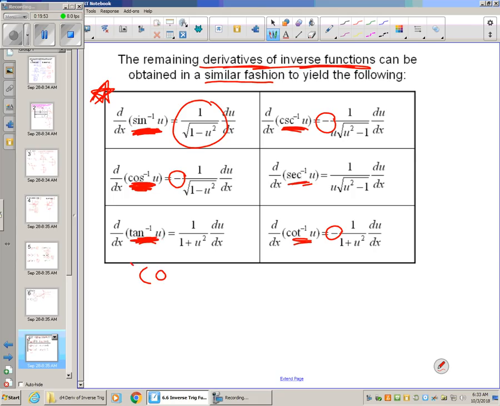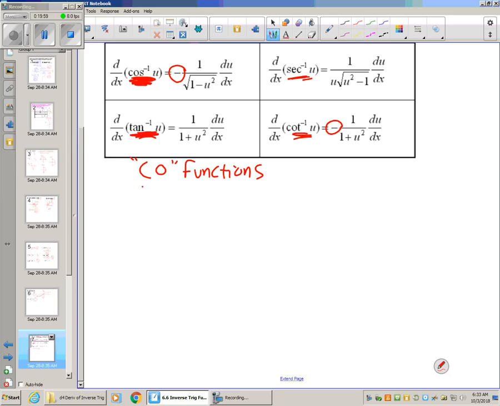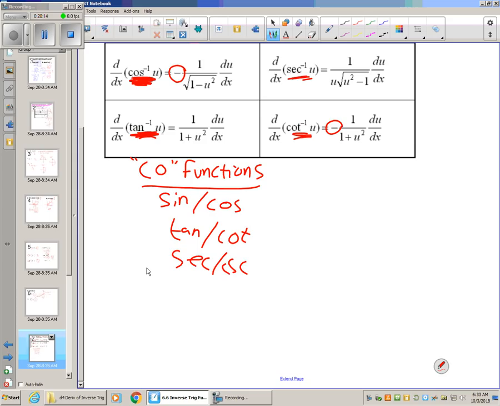So my co-functions are sine and cosine, tan and cotangent, and secant and cosecant. Those values are one's positive and one's negative kind of deal.